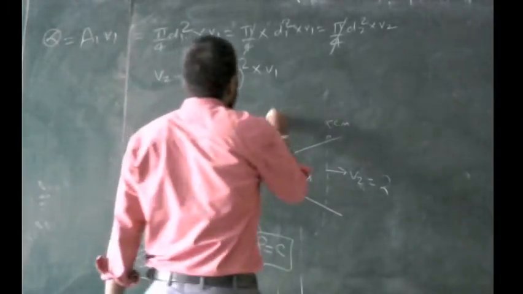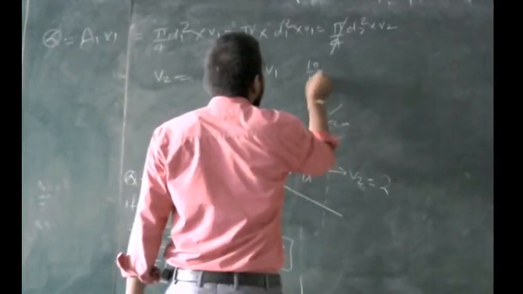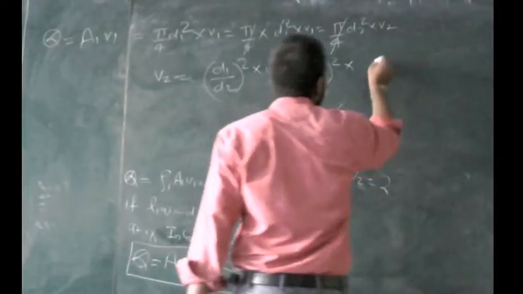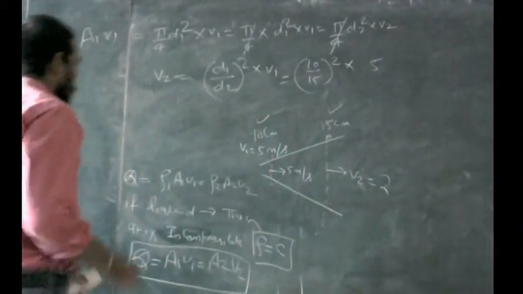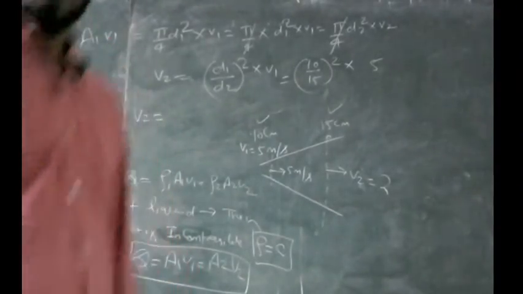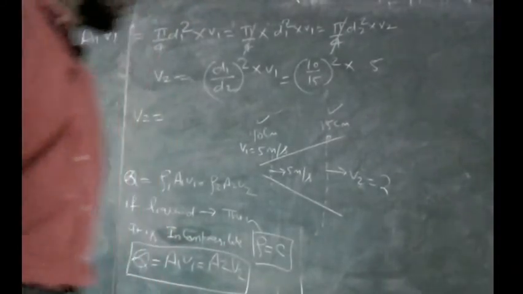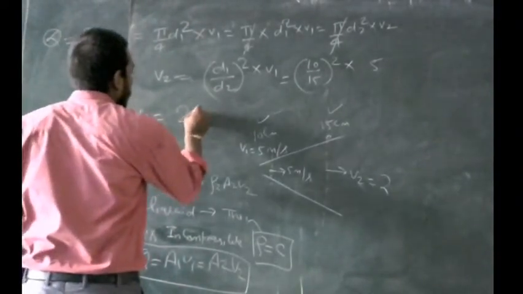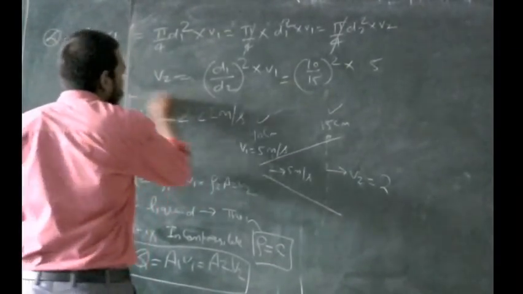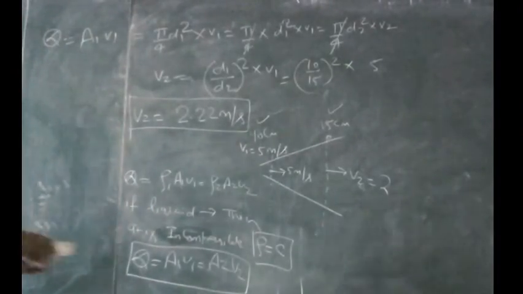Put the values: D1 is 10 and D2 is 15. 10 upon 15 the whole square into V1, which is 5 meter per second. Solve it. How much does V2 come to? V2 is 2.22 meter per second. Is this clear?